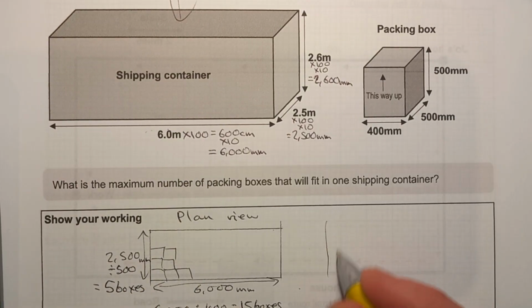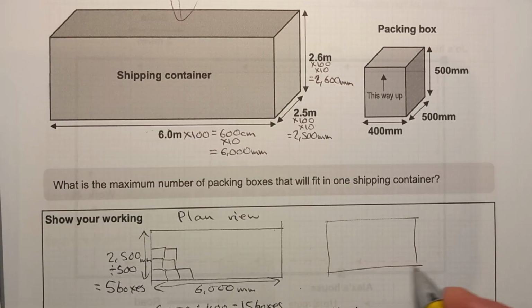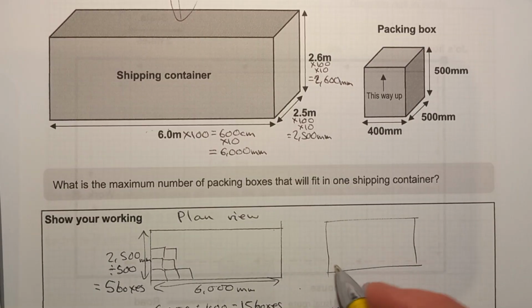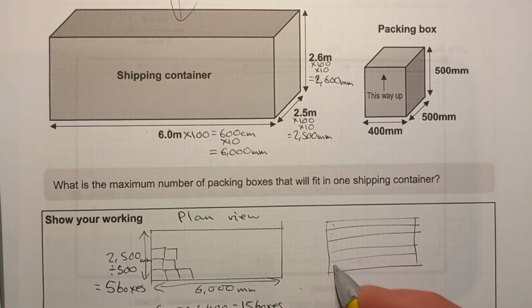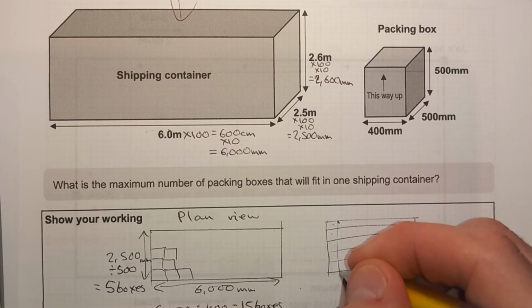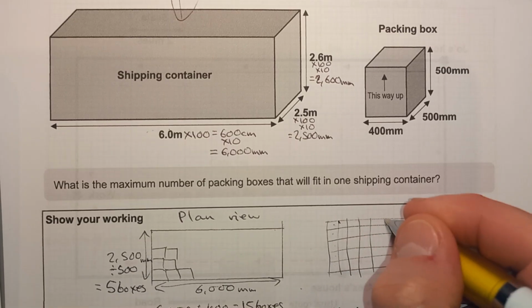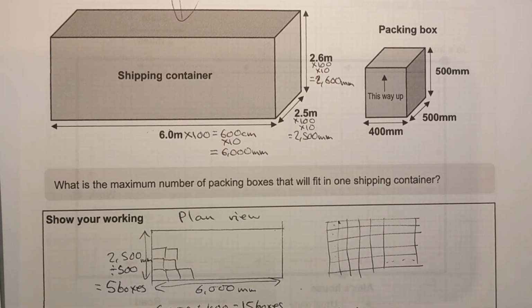So if we want to draw this out again, let's do a quick sketch. We've got 5 boxes along this way, so 1, 2, 3, 4, 5, and then we're going to have 15 of them along this way.